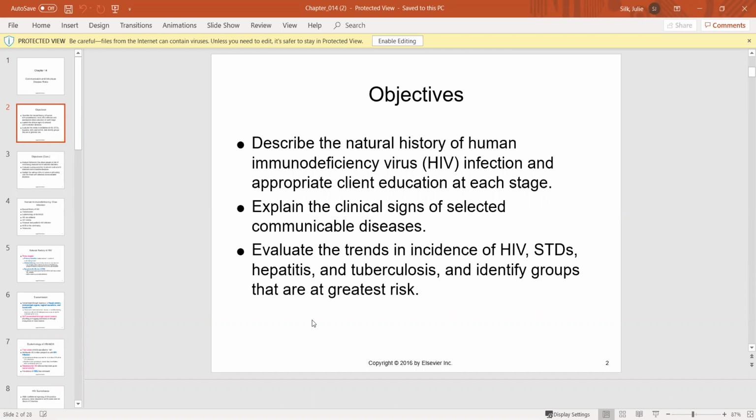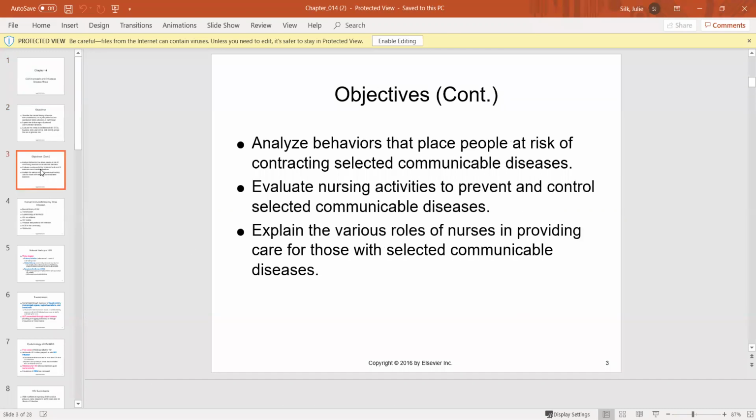I think they mentioned some stuff about hepatitis, tuberculosis, STDs in here. And then we're also going to analyze behaviors that place people at risk for contracting selected communicable diseases, and then explain the various roles of nurses in providing care for those selected communicable diseases. So some of those things.